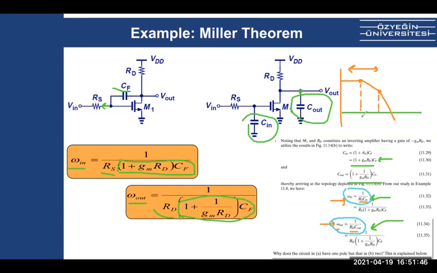Zaten devreyi bu yüzden çözüyoruz. We need to figure out if this is V in or V out or V1, V2, right? VP1, VP2, which pole. So after solving the circuit, we figure out which RC is bigger. That means that's that pole, right? Because 1 over RC means smaller. Then, as Sinan mentioned, if we make that RC smaller, we can push this pole towards here.